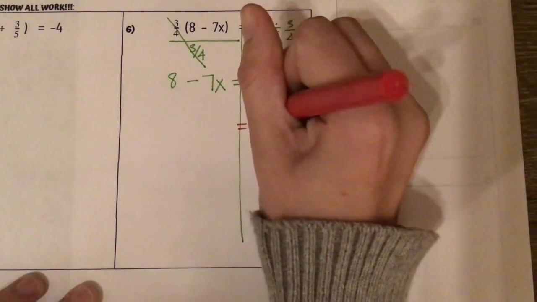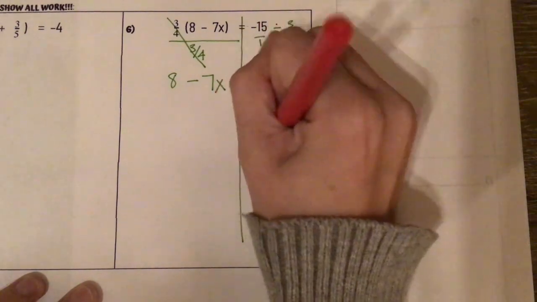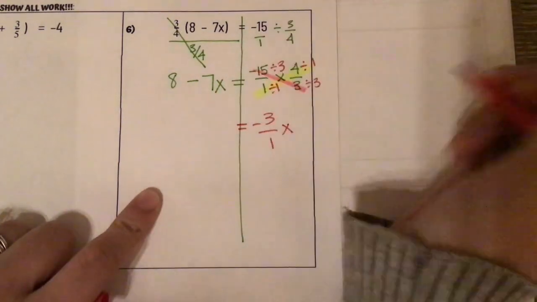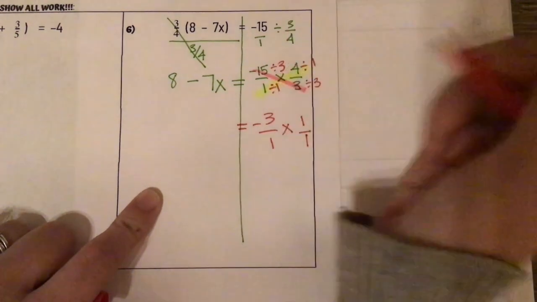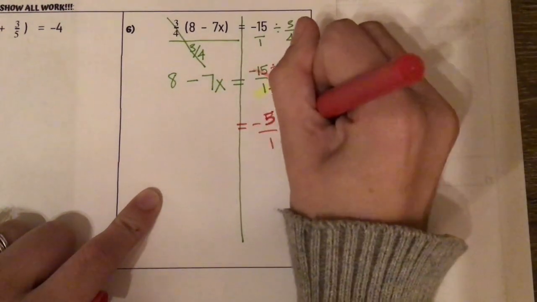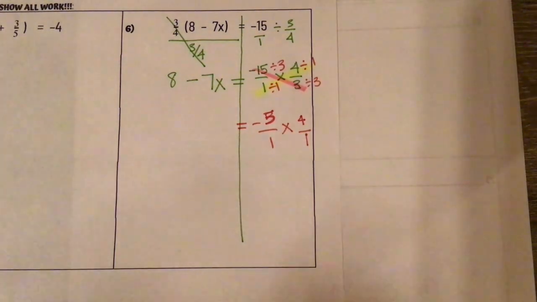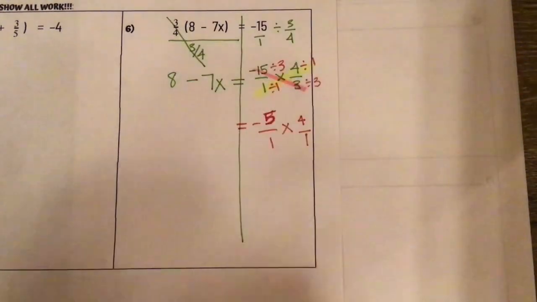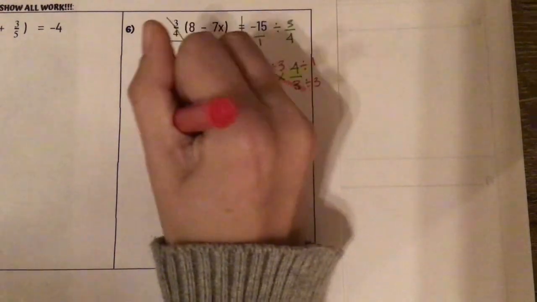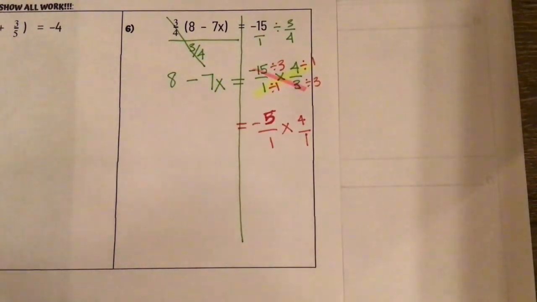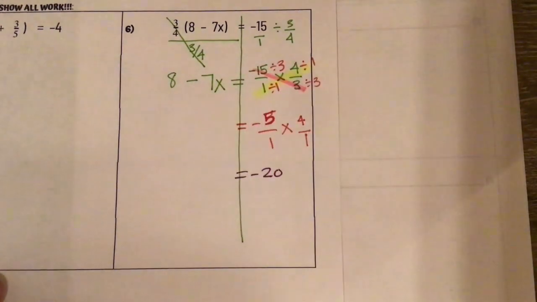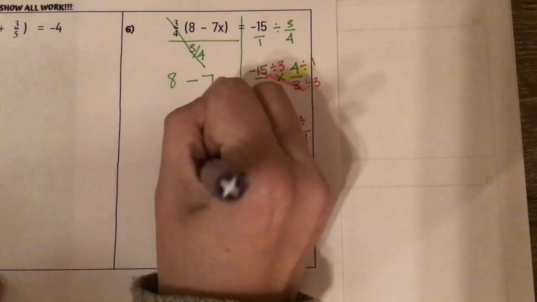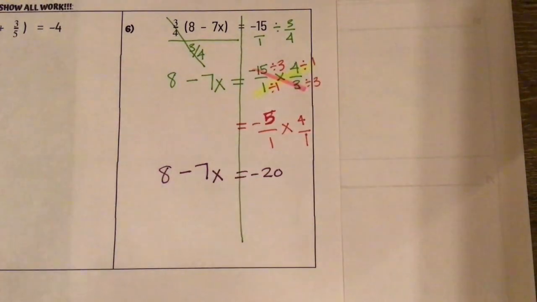So we get 3 over 1 times 5 over 1 times 4 over 1. Then I'm going to simplify that to -5 times 4 is -20. And I'm bringing everything else down. So 8 minus 7x equals -20.